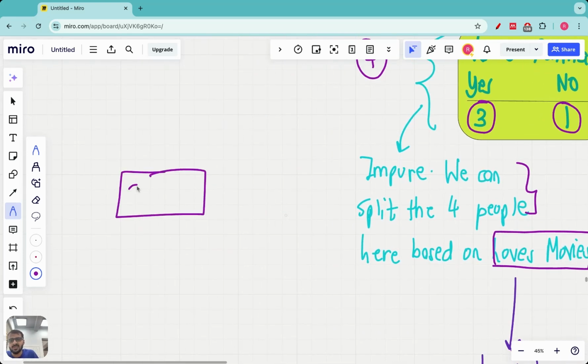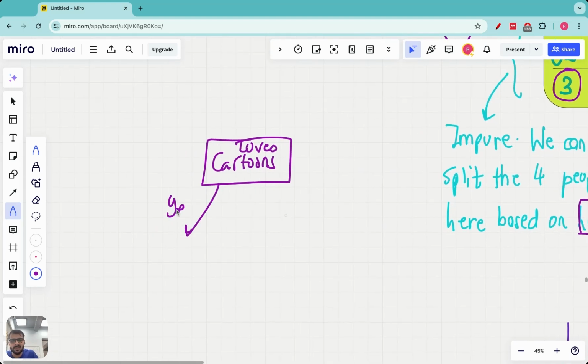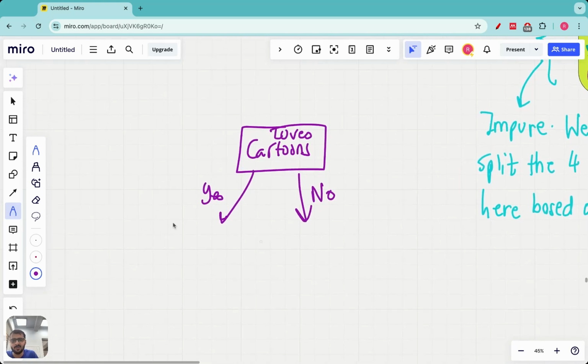So the first question which I asked is loves cartoons, and that gave me yes, no. In the no category, we have already stopped splitting the decision tree because that leaf is pure. In the yes category, we can either ask whether they love movies or we can look at their age.